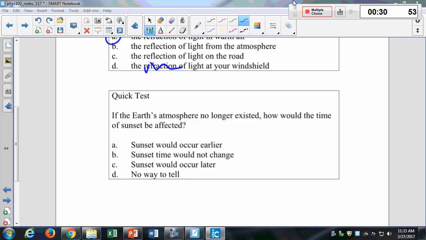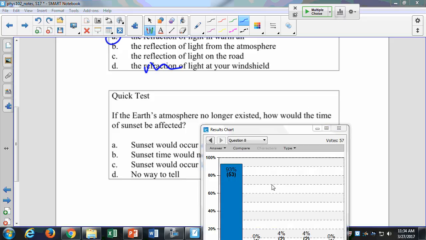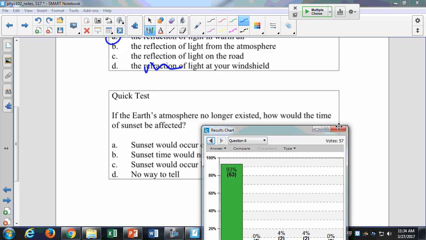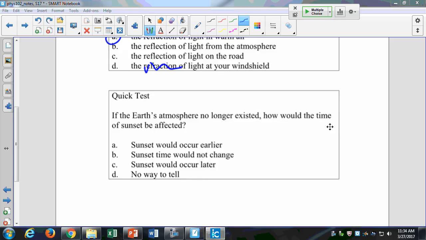All right, let's stop at 30, 35. Okay, good. Sunset would occur earlier, because as soon as it went below the horizon, you wouldn't be able to see the sun.